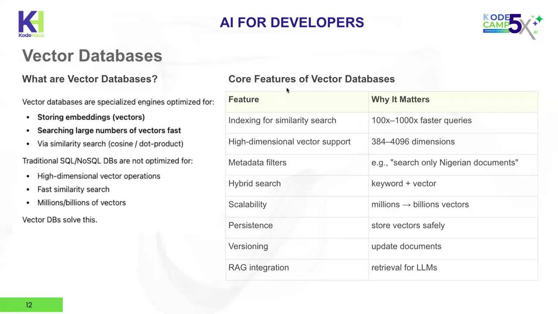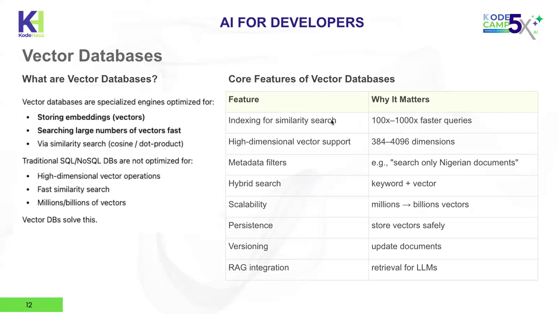So some of the core features of vector databases: you have indexing for similarity search. This matters because when you can index for similarity search, you can get 100 to 1,000 times faster queries, right? Secondly, it's optimized for high dimensional vector support, like we've said.